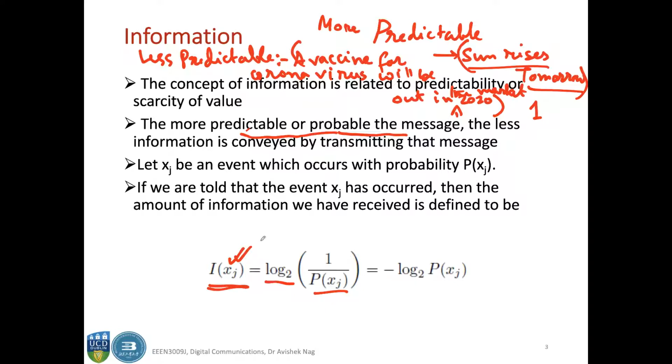This is the formal definition of information. So you can see the more probable an event is, the less information it conveys, and the less probable the event is, the more information it conveys.